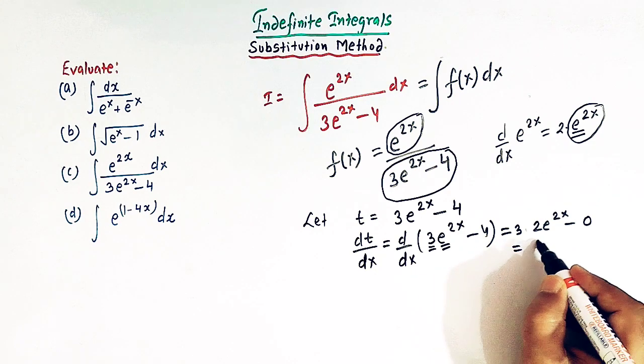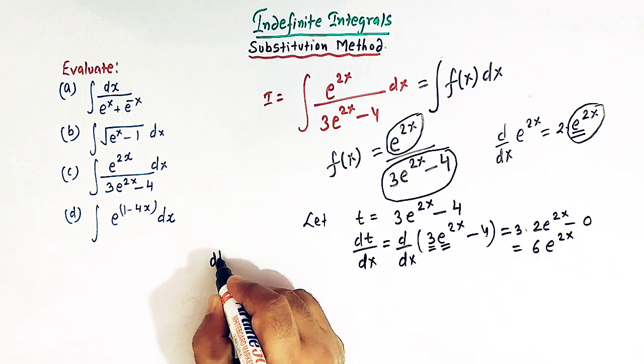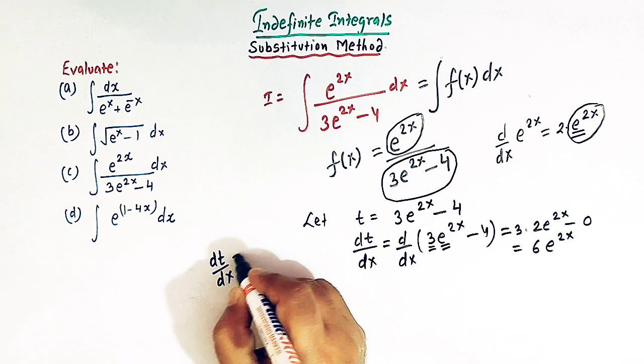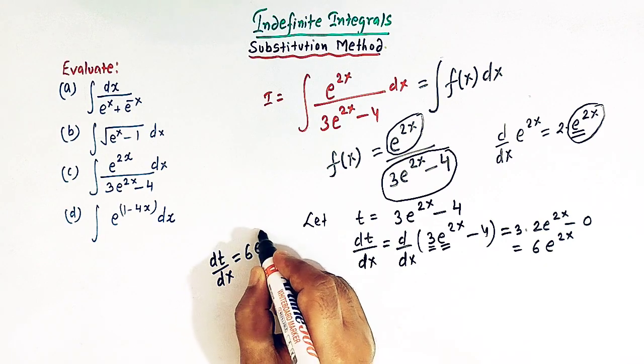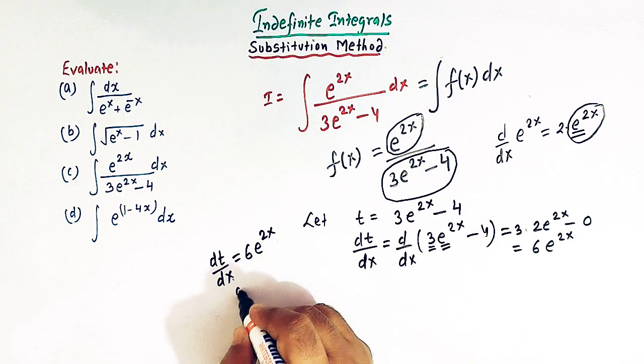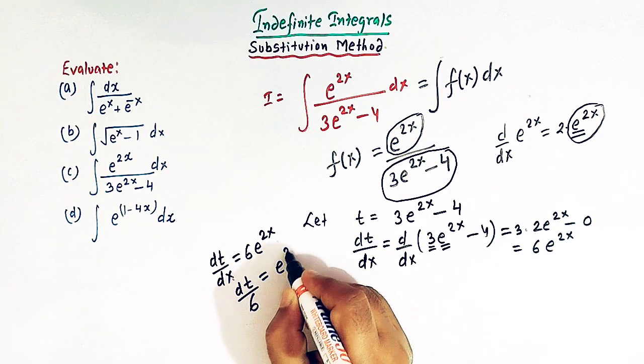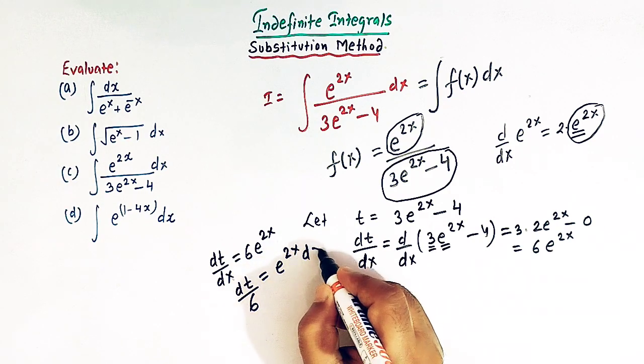So this is 6 times e raised to 2x. So dt over dx is 6 e raised to 2x. Now taking dx to this side, we have dt over 6 is equal to e raised to 2x dx.